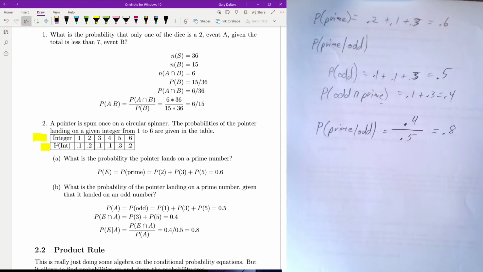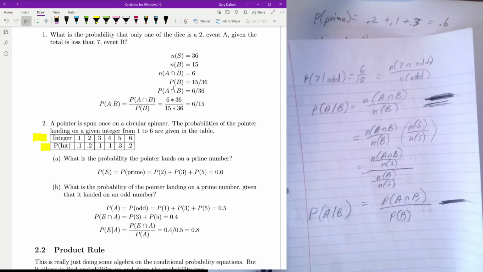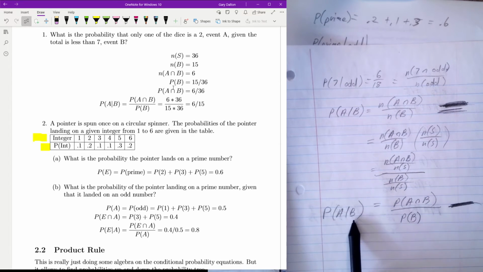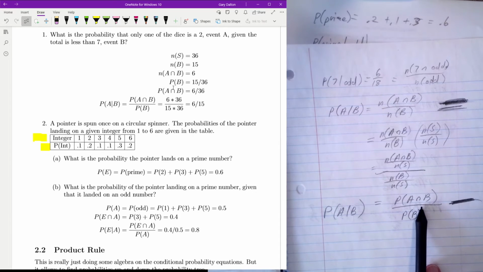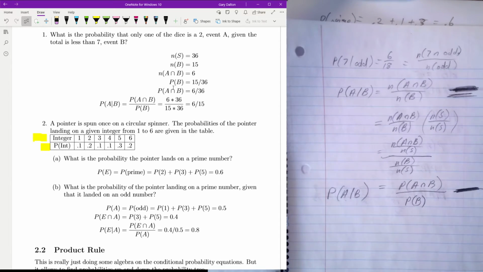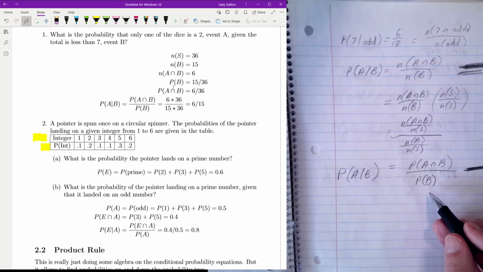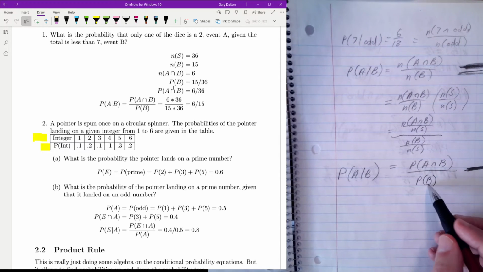Now, I'm going to keep right on going here. The product rule is not a whole lot different than what we did. If we look back at how we derived the equation, we can see that we have the probability of A given B is equal to the probability of the intersection divided by the probability of B. Let's do a little bit of algebra and multiply this back over.